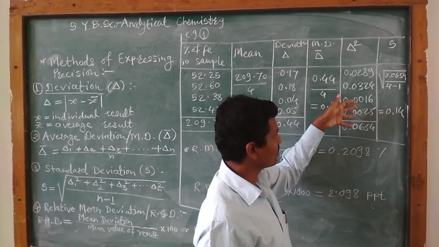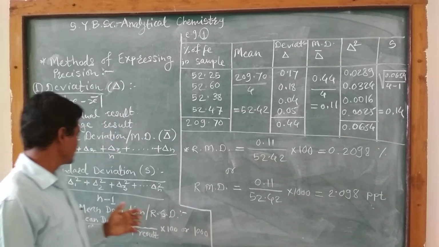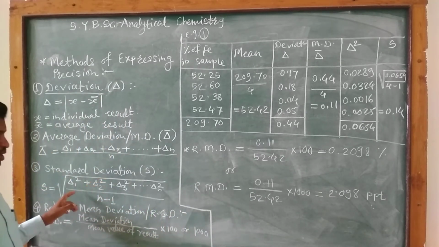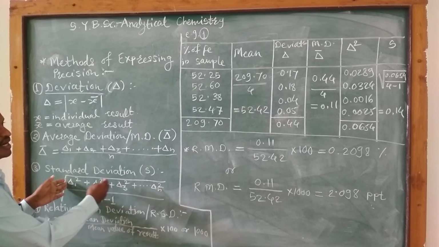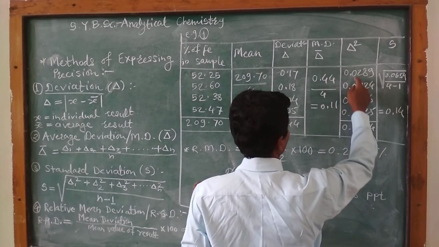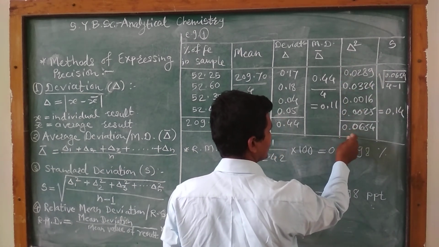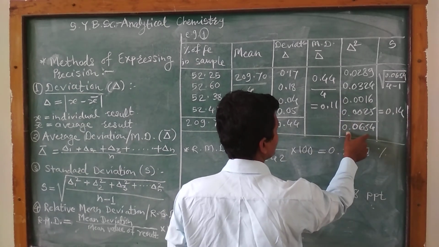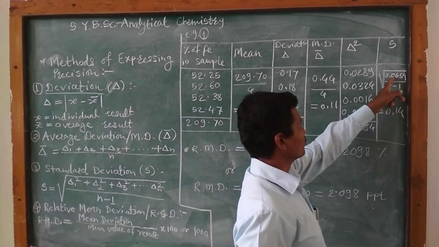These are the del square values. And what is the formula for S? S is equal to the square root of the summation of squares of the deviations. So this is the sum. I have done the summation of all the del square values, which is needed in this formula.